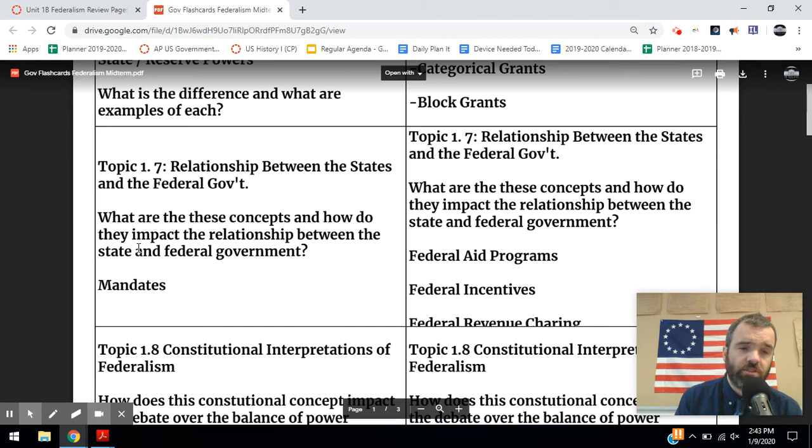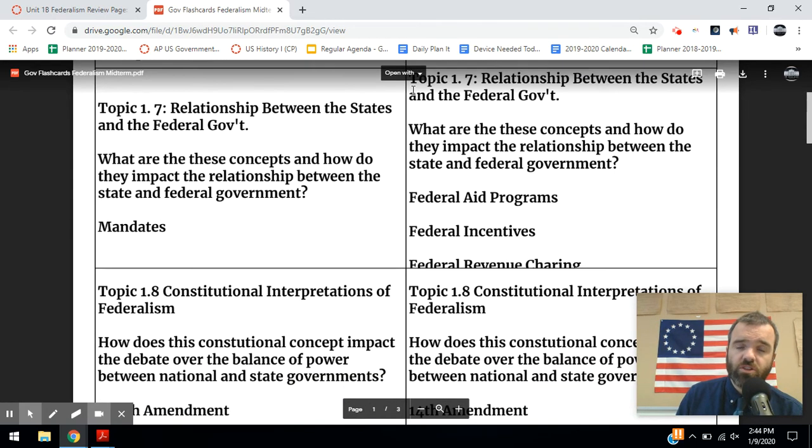And oftentimes there are debates about whether these mandates, for example, retrofitting buildings to be handicapped accessible or meeting certain benchmarks for education testing, should be imposed without providing funding. And sometimes these unfunded mandates can be very controversial. So the federal government can and does impose required actions upon the states in the form of mandates.